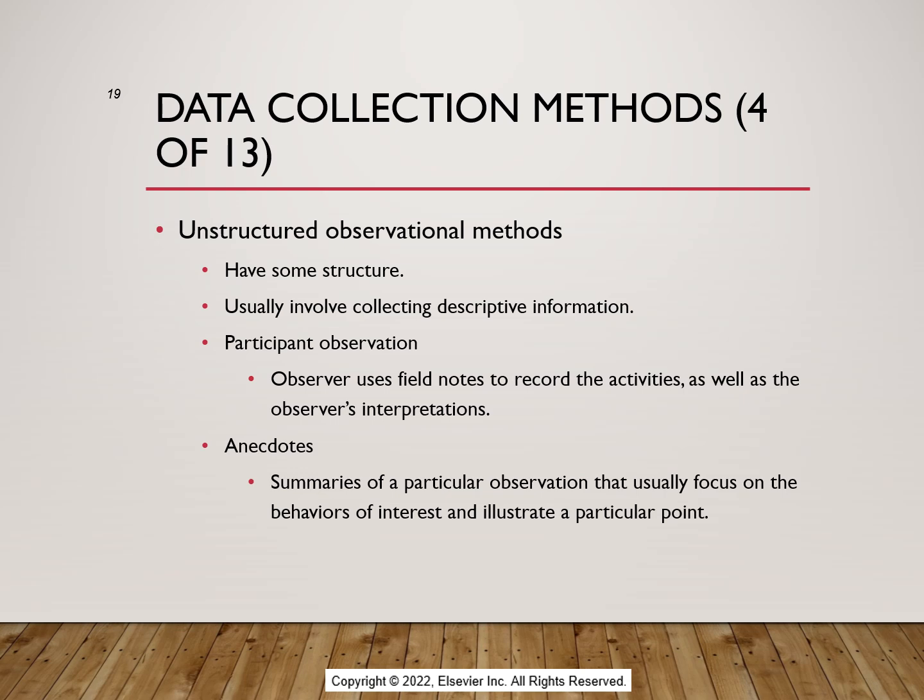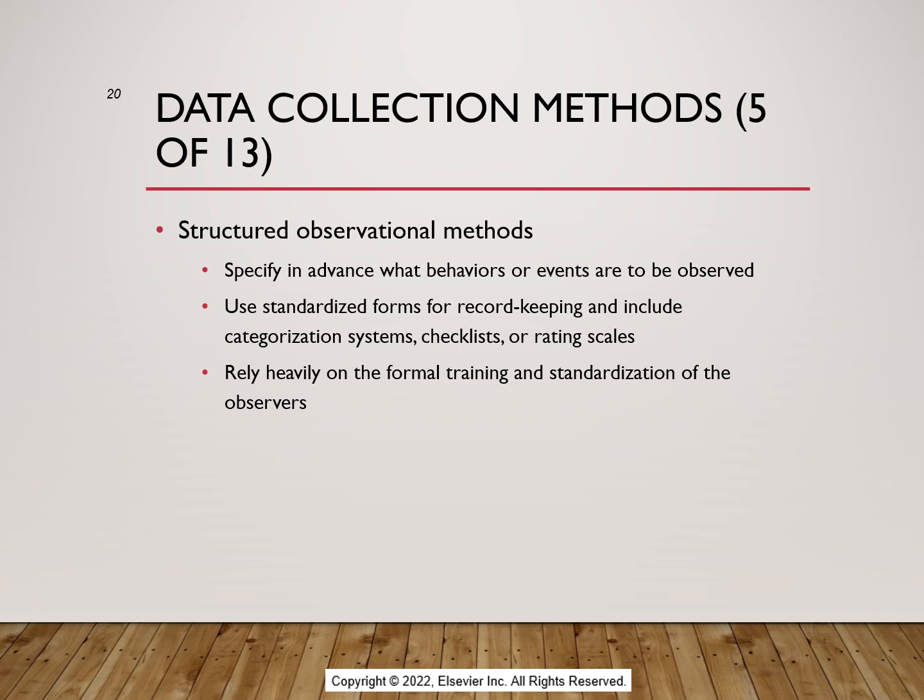There are also unstructured observational methods. I would be a little bit leery about these because we're not sure whether they would be consistent. Also, anecdotes or summaries of particular observations may be in some of your research studies. Typically, for quantitative studies, it's a structured observational method.